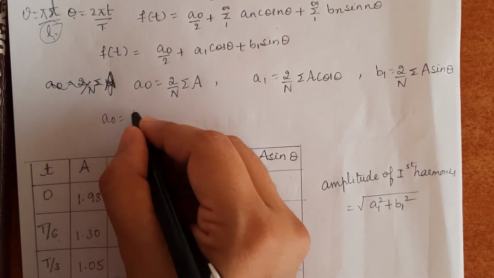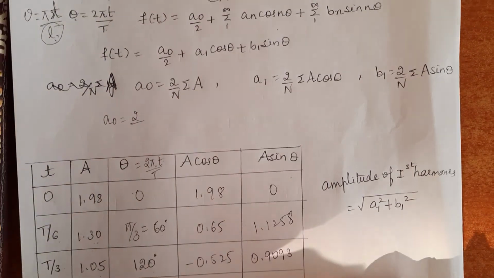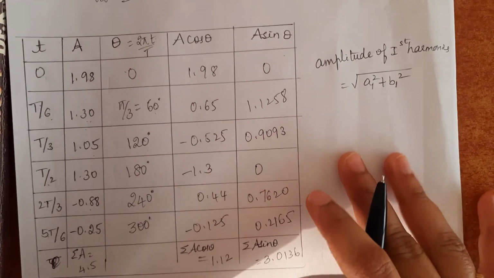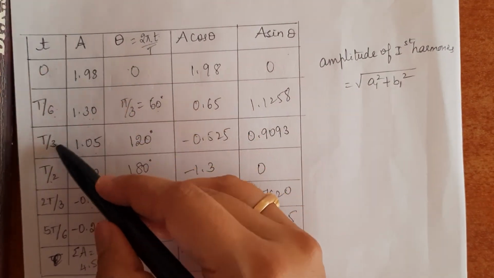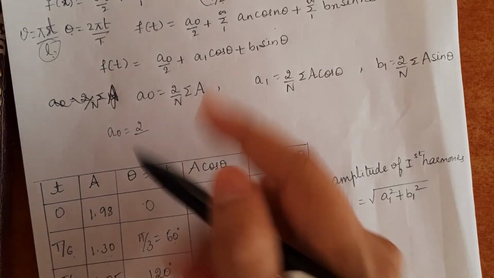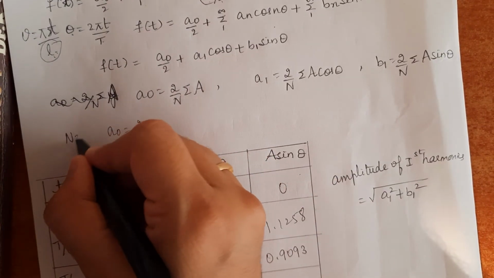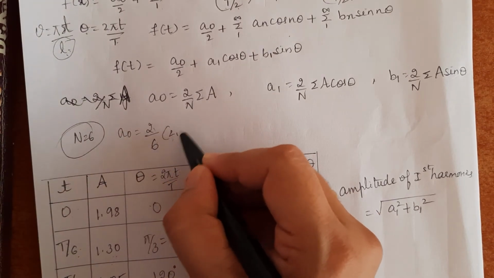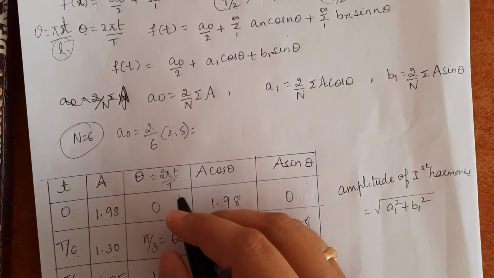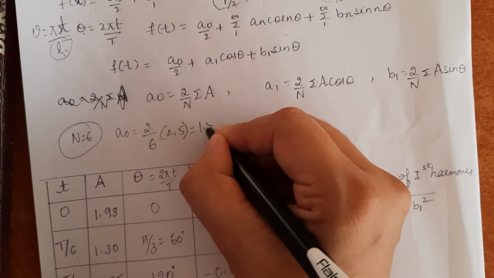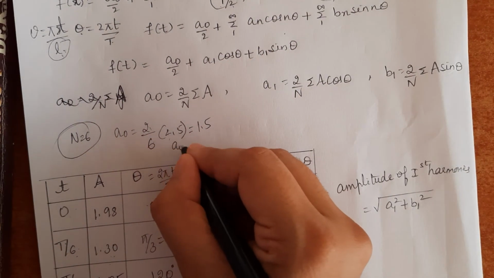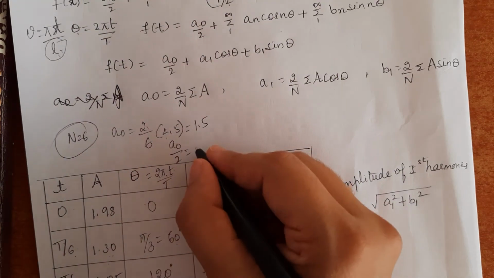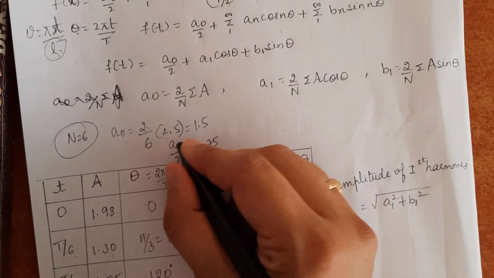Let us substitute the values in the formula and calculate A0, A1 and B1. So A0 is 2 by n; let us see what is the value of n: 1, 2, 3, 4, 5, 6. So n value is 6 for this problem. 2 by 6 into 4.5 is 1.5. So my A0 by 2 value is 0.75.